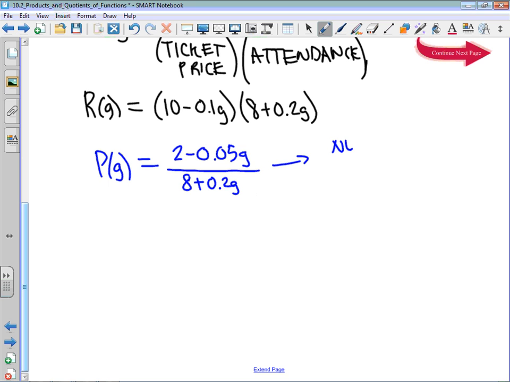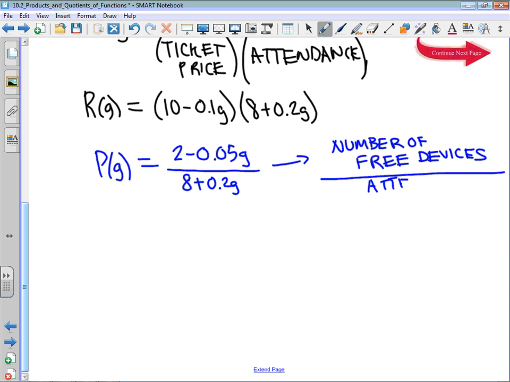So number of free devices. I don't know what kind of noisemaker it is. Could be a Vuvuzela from the World Cup a few years ago. So it's the number of free devices over the attendance.